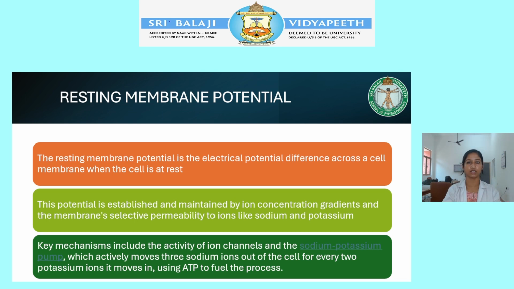While this process happens, when 2 potassium ions enter, 3 sodium ions are pushed out. This happens with the help of active transport, using ATP energy to fuel the process. These are the activities happening in the resting membrane potential.